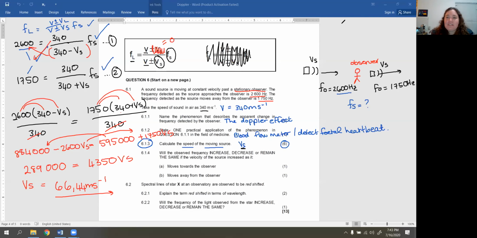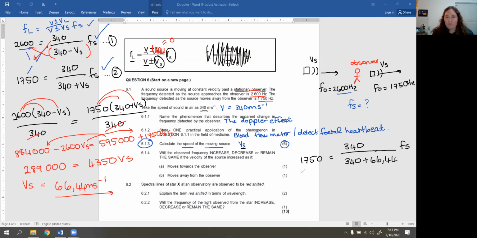Now, I just quickly want to show you one thing. The reason I want to show you this is I want to prove to you that the frequency of the source is neither of these. To work out the frequency of the source, I can plug this value back in here. So 1750 equals 340 over 340 plus 66.44 multiplied by the frequency of the source.